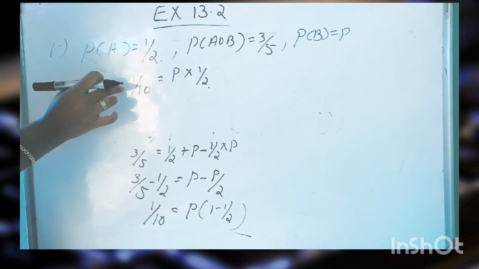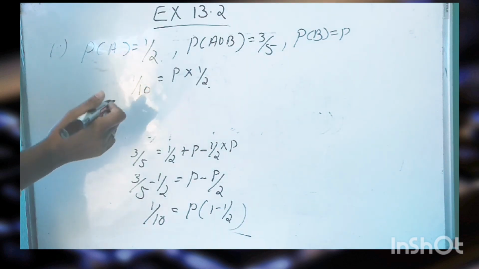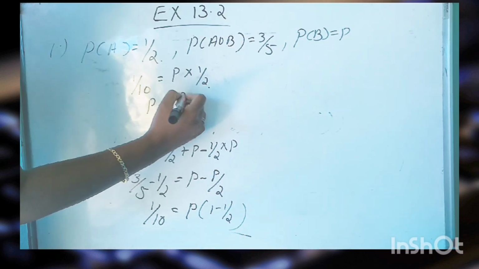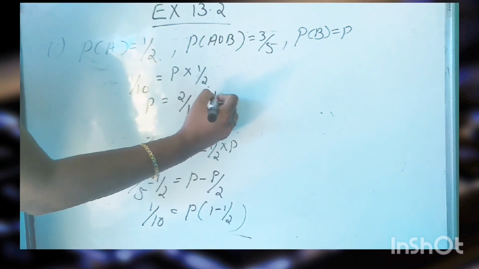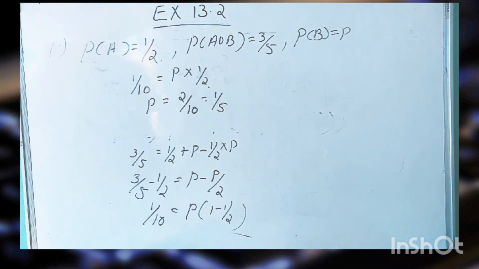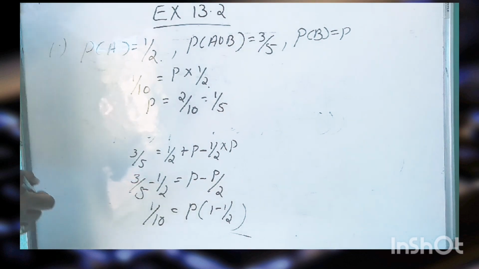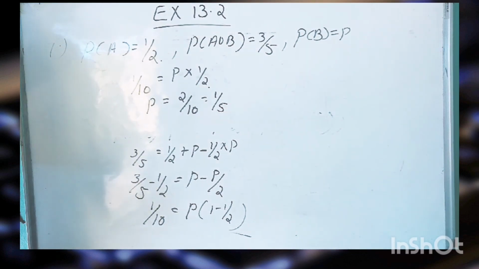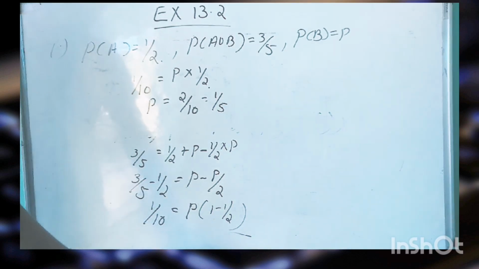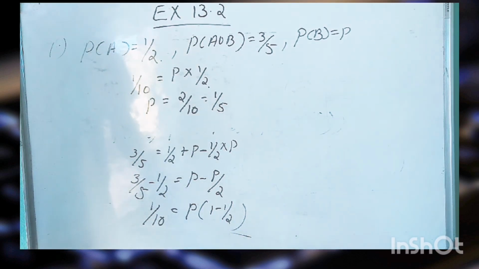Now take that 2 to the LHS. Then we will get P is equal to 2 by 10, or 1 by 5. So if A and B are independent events, then P is equal to 1 by 5. In the first case, P is equal to 1 by 10.